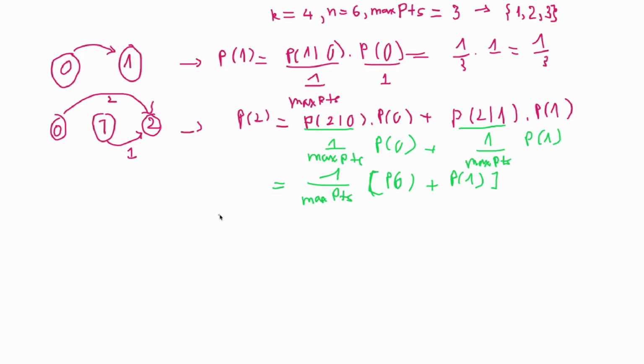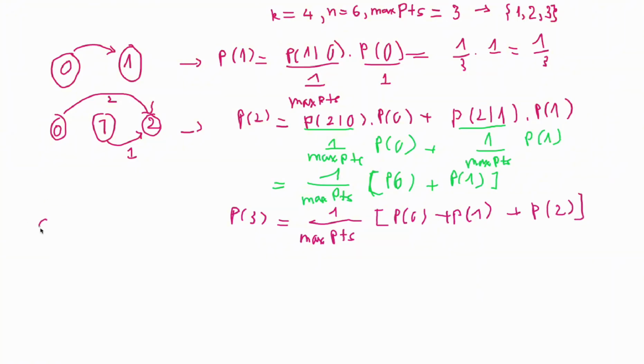So how can we use this? Let's do maybe 2 more examples. For p3, we can demonstrate that this will be equal to 1 over the max points times p0 plus p1 plus p2 in here.